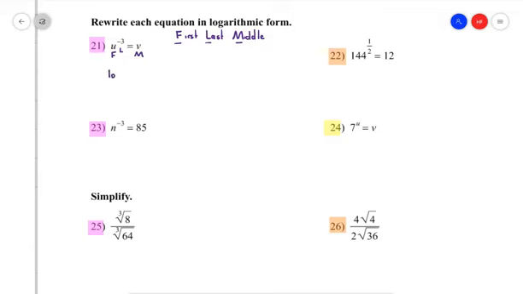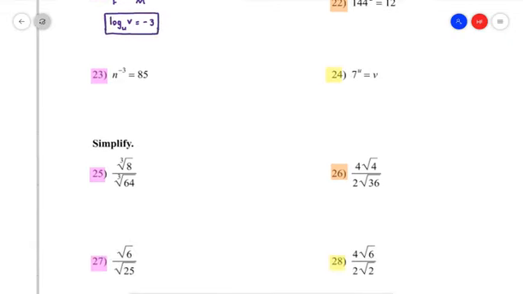So we would have a log of base u, v is equal to -3. And then number 23, first, last, middle. We have n. Oops, I was going to rewrite it as an exponential when it was already one. Log base n, there we go, of 85 would equal -3.